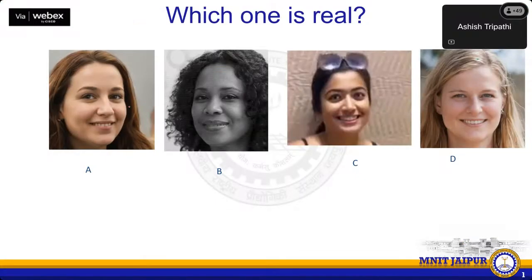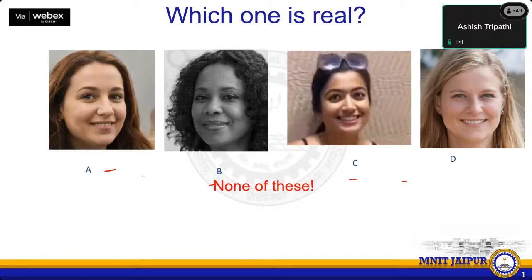Okay, let's answer. All these images are fake images. None of images A, B, C, and D is the real one. This is the power of generative networks. Nowadays, we are able to generate images which are very, very realistic.